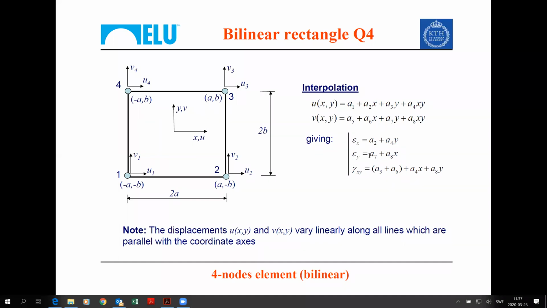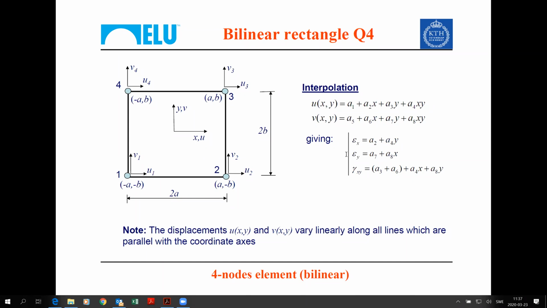Let's proceed and look this time at what is normally called a bilinear rectangle, also denoted in the literature as the Q4 element. So 4 nodes.